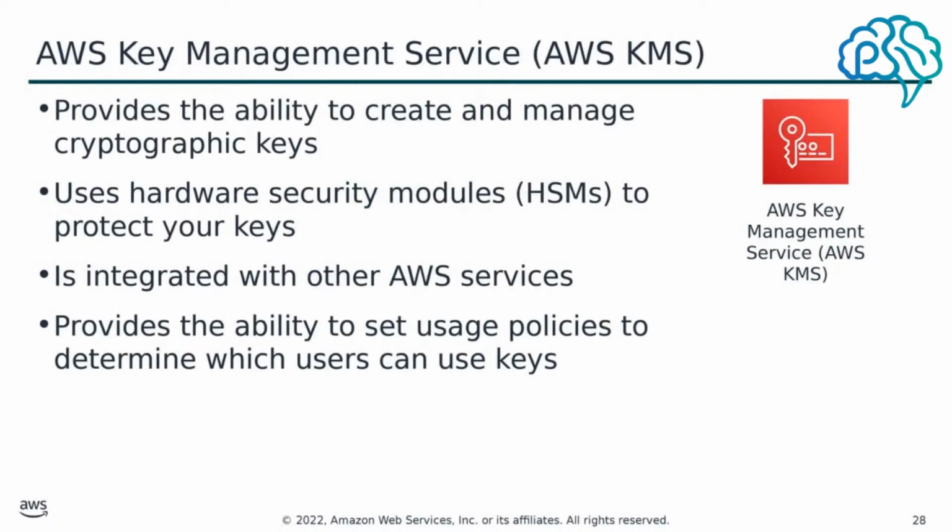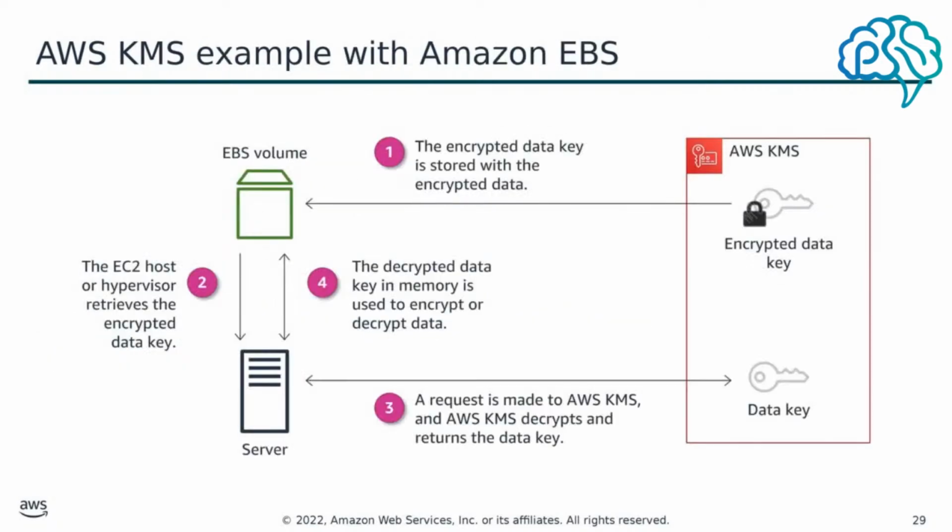Let's talk through here about the KMS service, which we've been talking quite a bit about. KMS is a managed service that provides the ability to create and control the keys that are used to encrypt and decrypt your data. The service uses validated hardware security modules, and it's also integrated with the rest of the services. So what would be an example of this?